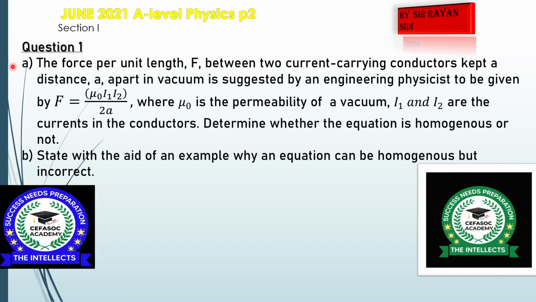The A part of the question reads: the force per unit length F between two current carrying conductors kept a distance A apart in a vacuum is suggested by an engineering physicist to be given by F equals mu naught I1 I2 over 2A, where mu naught is the permeability of a vacuum, and I1 and I2 are the currents in the conductors. Determine whether the equation is homogeneous or not. B: state with the aid of an example why an equation can be homogeneous but incorrect.